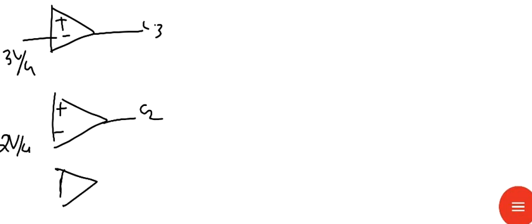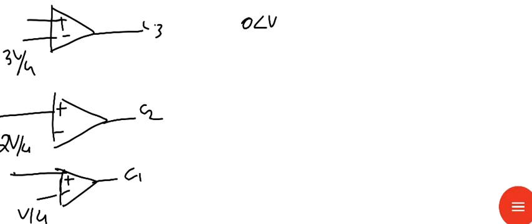And this is comparator 1 with V by 4. All the positive terminals are connected together to Vi. So 0 less than Vi less than V by 4: if Vi is less than V by 4, all comparator outputs, that is C1, C2, C3, are 0.